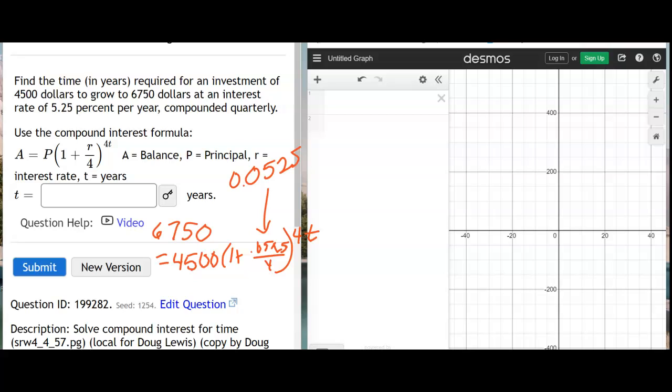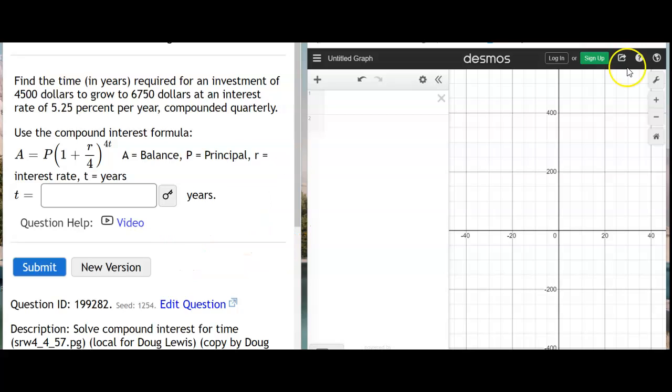Okay, so we've got this. We can exit that drawing, and we know what those are supposed to be because we have them right here. So the first equation is y equals 6,750.